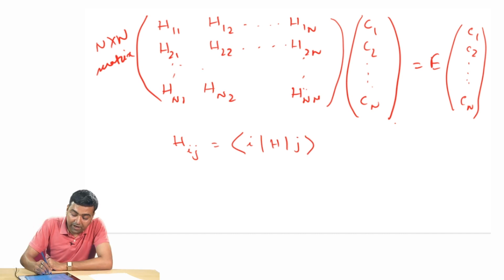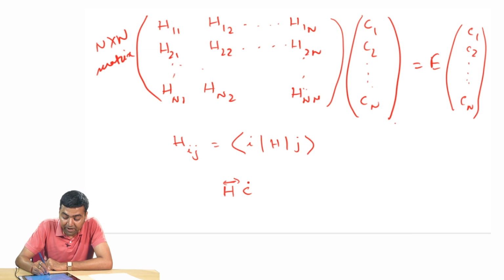So, what I have is a matrix equation which I need to solve. This matrix H acting on this vector C will give me E times C.